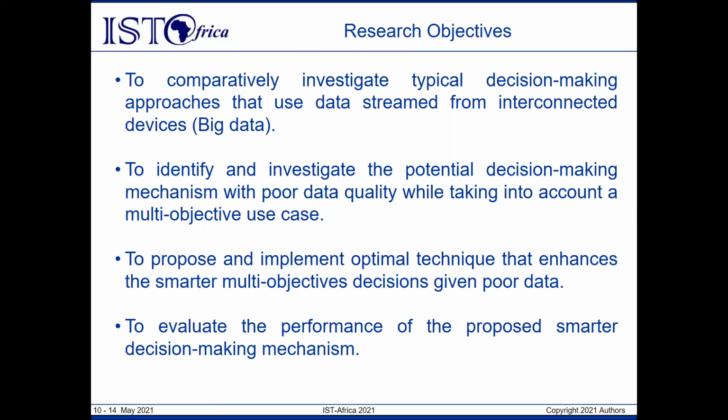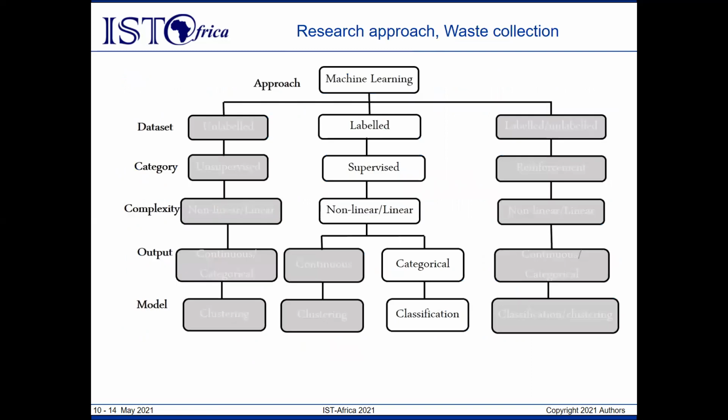Then we propose the optimal techniques that can be used to make the right decisions, given that data can be lost along the way, right? And then after proposing and implementing that optimal technique, we need to evaluate it to show that it really works, or works better than other existing approaches.